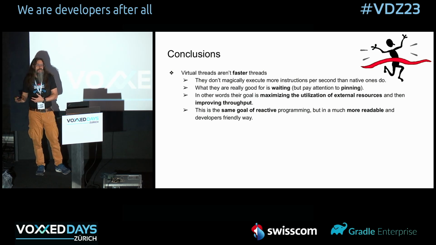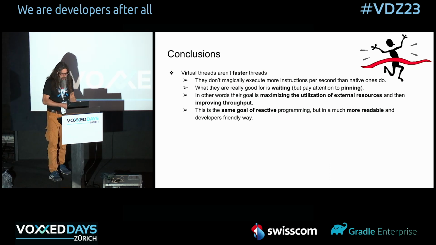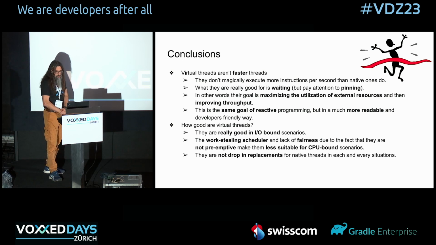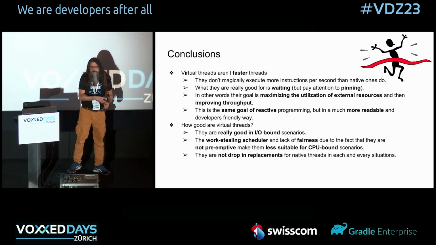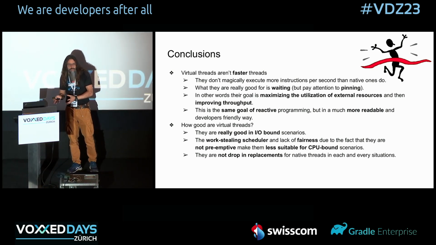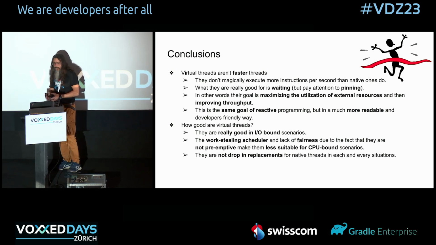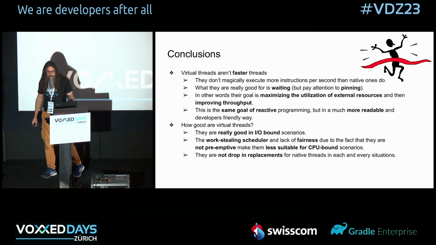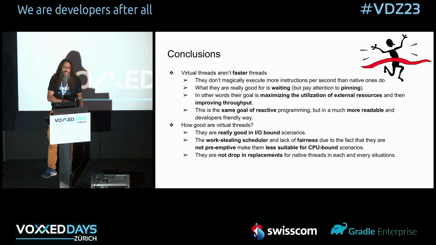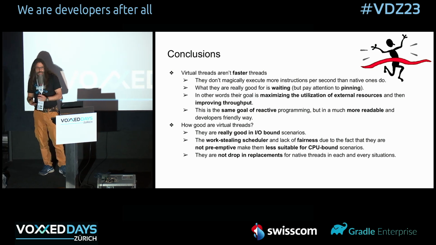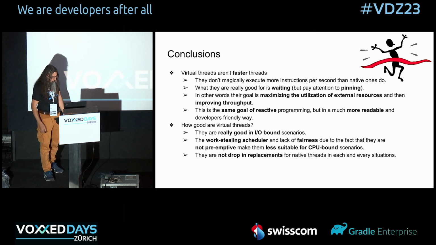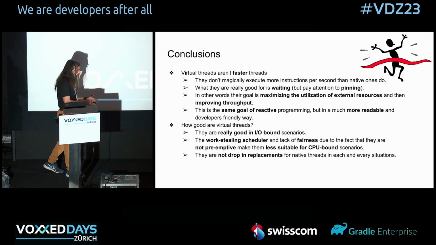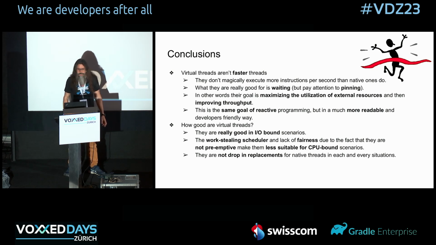And they have exactly the same goal as reactive programming, but in a much more readable way. So they are really good for IO-bound operations. I showed you the problem with non-preemptiveness. So they could be good in some situations with CPU-bound operations as well, but you need to be aware of the problem. And again, they are not a drop-in replacement for native threads. They are two different things, two different tools, and you need to know both to know where to put them at work in the right context.